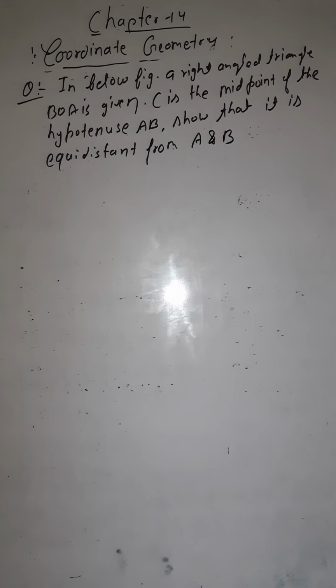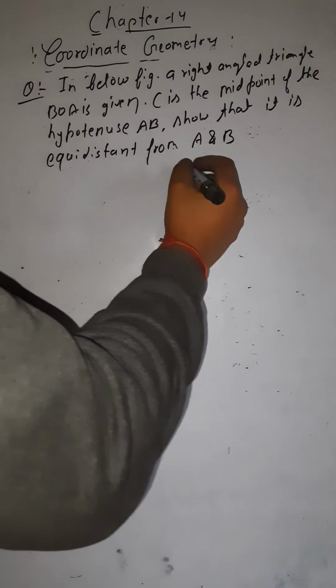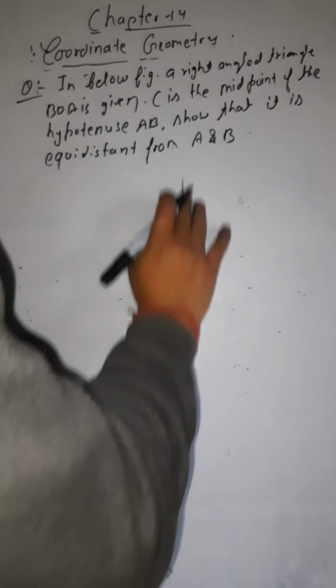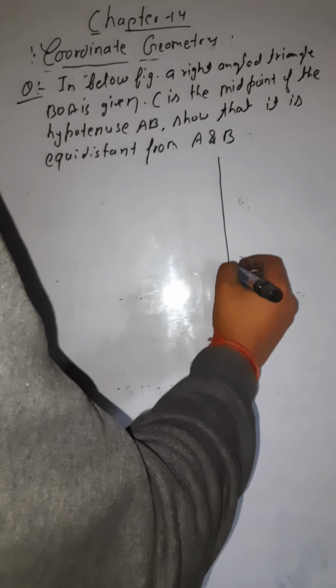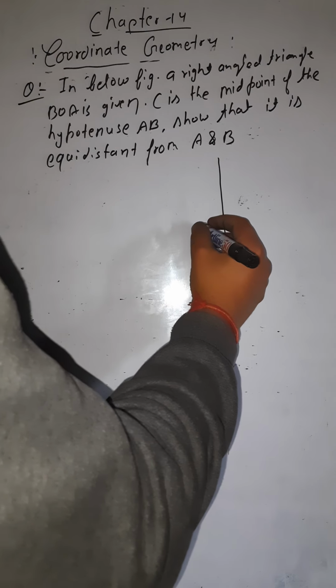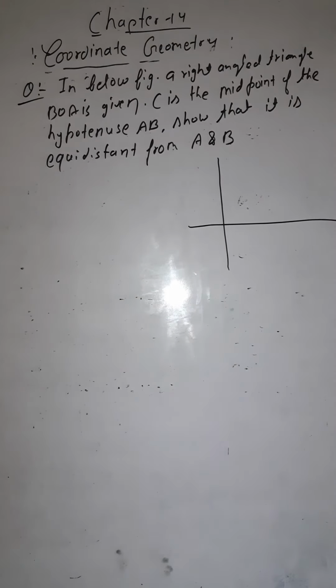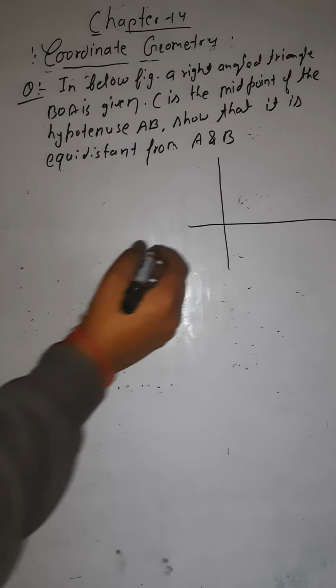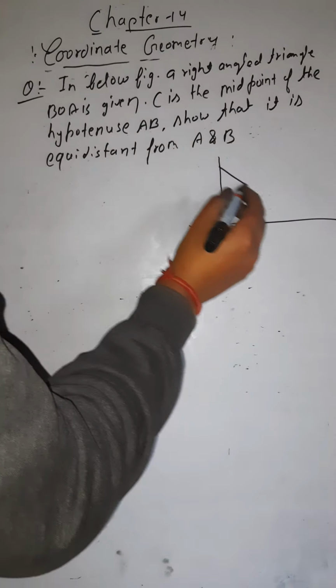Now let me make the figure which has been given in your book. This is the figure. Okay, visible? Good. A right angle triangle has been given here.